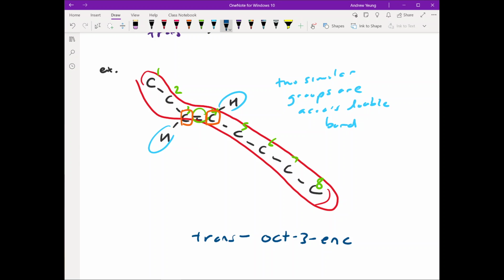It is possible, again, just for you to think about, that I can have 4 different groups. Let's say I have a fluorine, bromine, iodine, chlorine, like that. When I start looking at the 2 carbons involved in the double bond here, I don't have 2 of the same group. So it's a little bit trickier for me to find cis or trans.